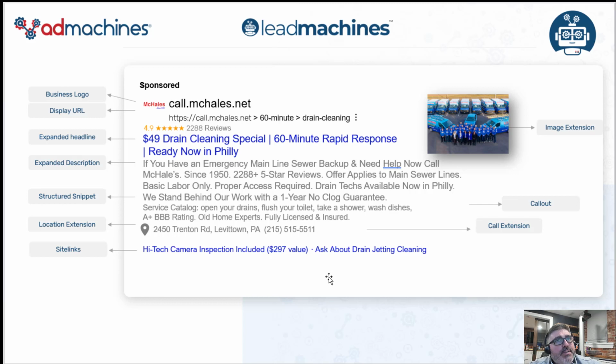So when it's all said and done, and I'm using all of Google's features, keep in mind this ad is for illustrative purposes. Even if you used all these features, your ad will not look like this when you go live on Google.